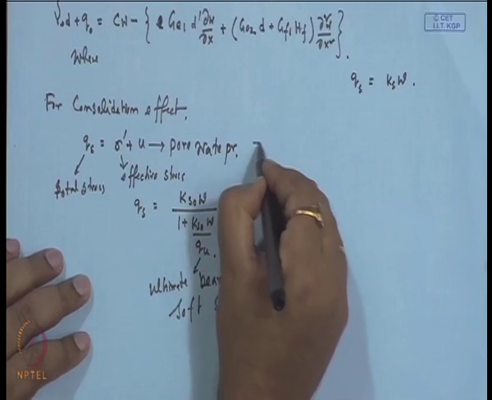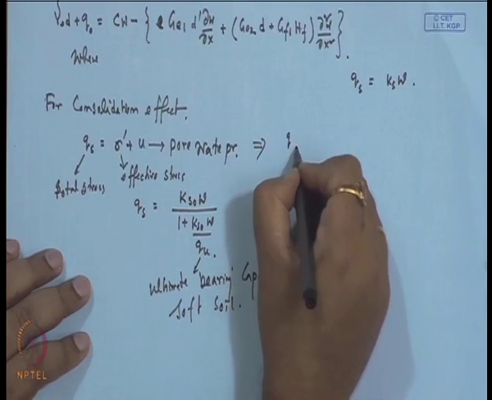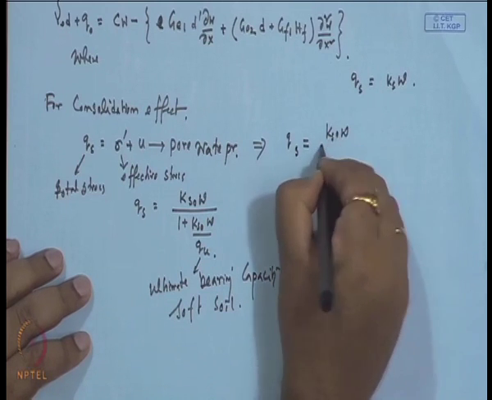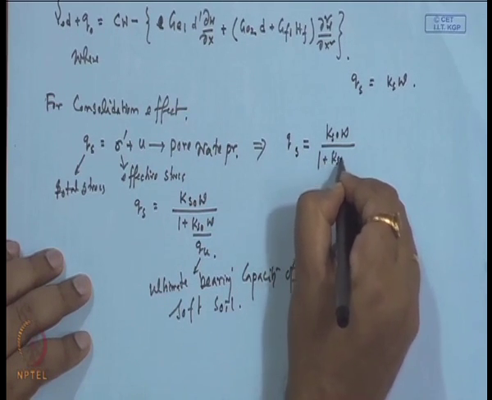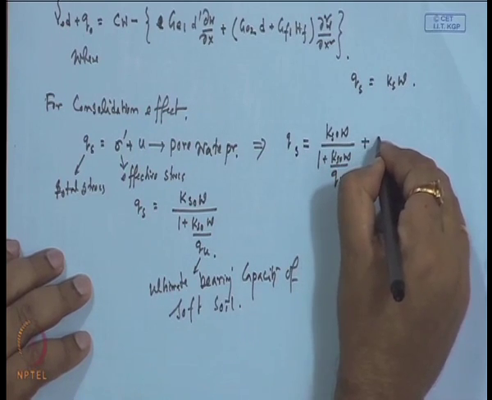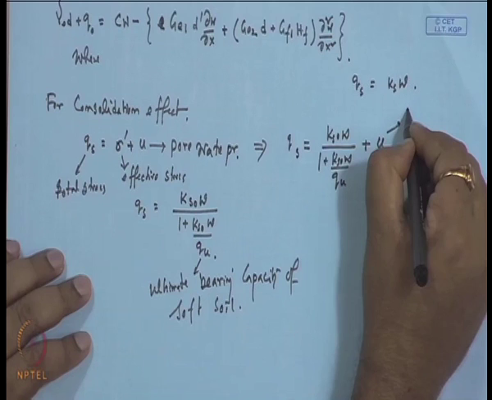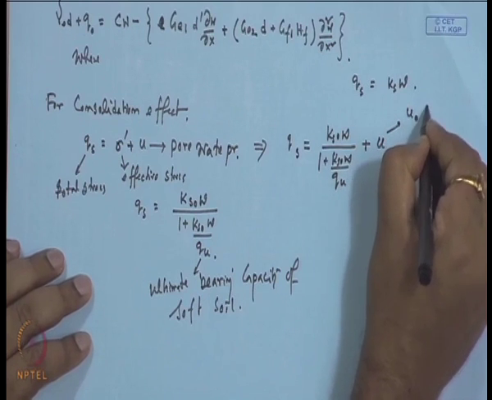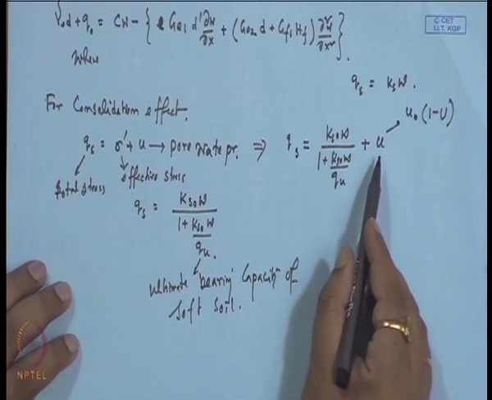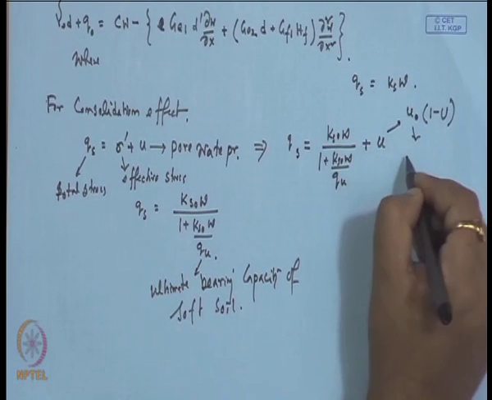And then finally, we can write here that q s is equal to k s 0 W 1 plus k s 0 W by q u plus u e u, which can be written in this form, thus u 0 1 plus degree of consolidation. So, q u e is the effective pore water pressure at any stage, and u 0 is the initial pore water pressure.